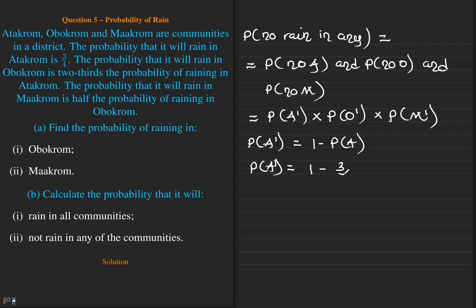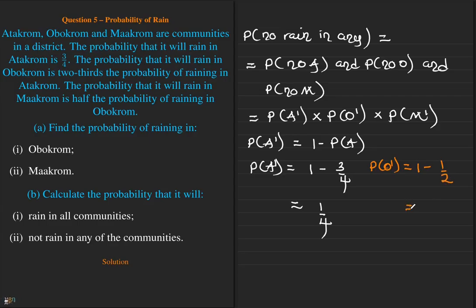So 1 minus 3 over 4 gives us a 1 over 4. Then we do the same for probability that O is not going to occur. So probability that O is not going to occur is also going to be 1 minus probability that O occurs. When we solved for O, we had 1 over 2.